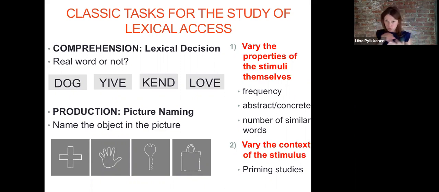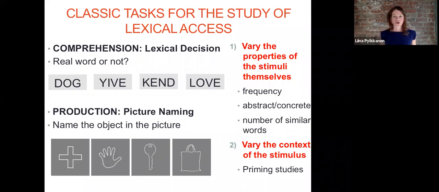And because the lexical items in the mental lexicon are so connected to each other, there are many different types of priming effects that we can observe. So most straightforwardly, if the current item was preceded by something that has a similar meaning, then your reaction time will be faster, because probably that previous word already gave a boost in activation to the word you're currently seeing. So if you have bed, mattress will get a boost of activation from bed already, and then you'll be faster to respond to mattress.